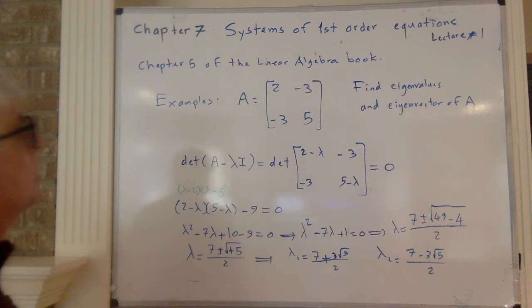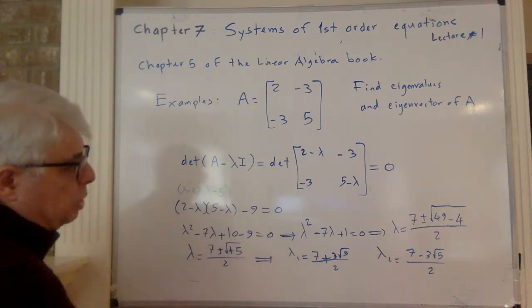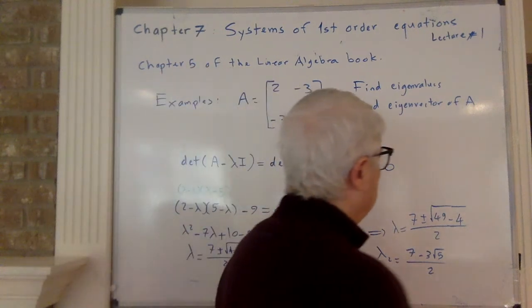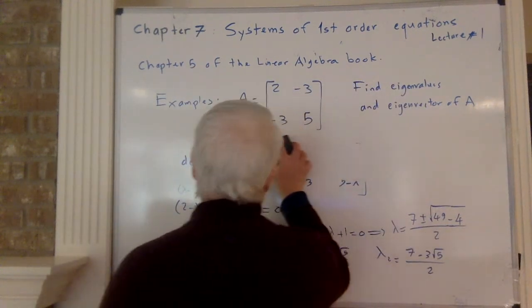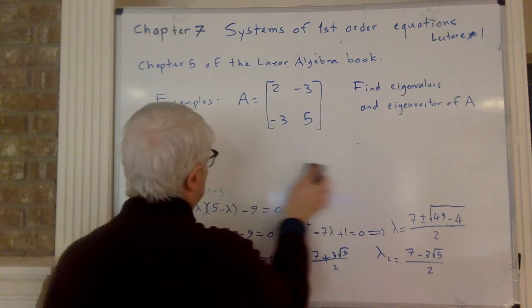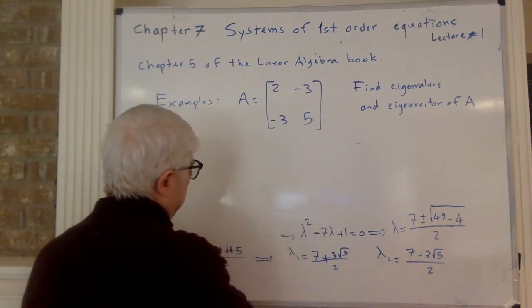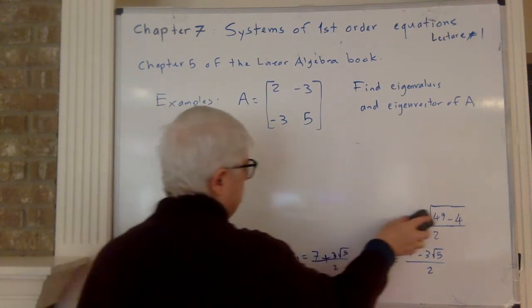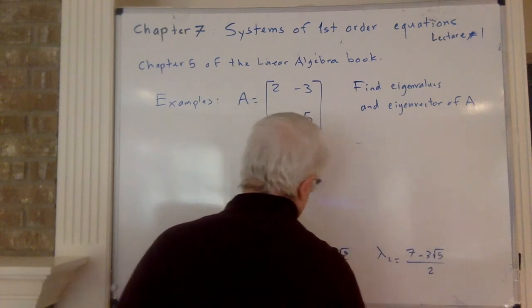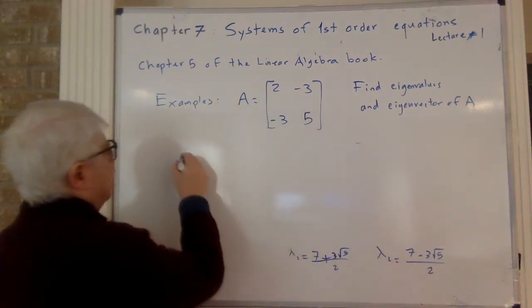So let's go back to the equation that gave me this. Now I have 2 lambdas. I have to go back to the equation that gave me this determinant. So let me just keep these 2 lambdas here and erase everything else. So what was the equation? The equation was this.